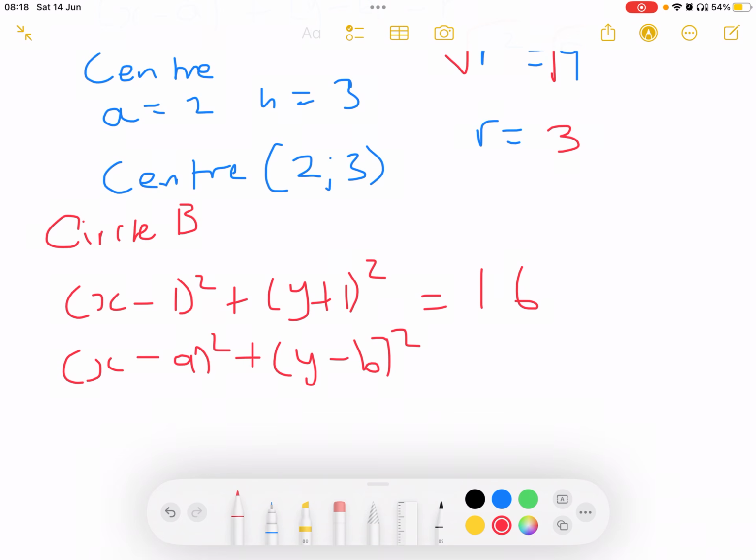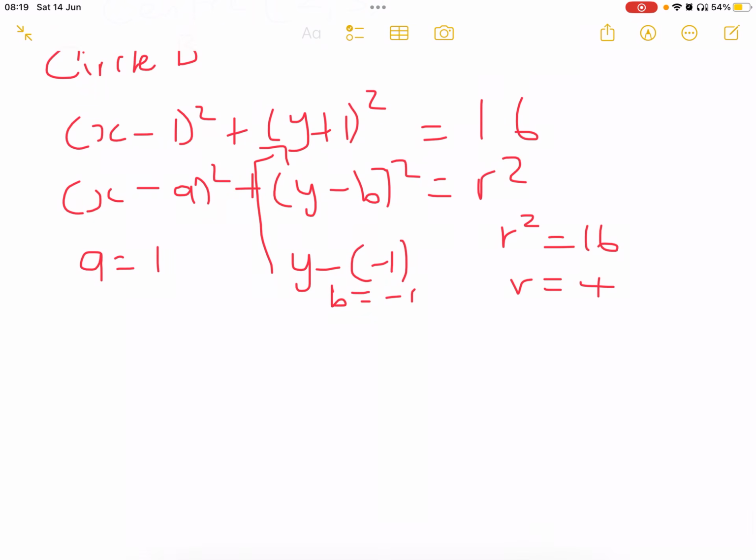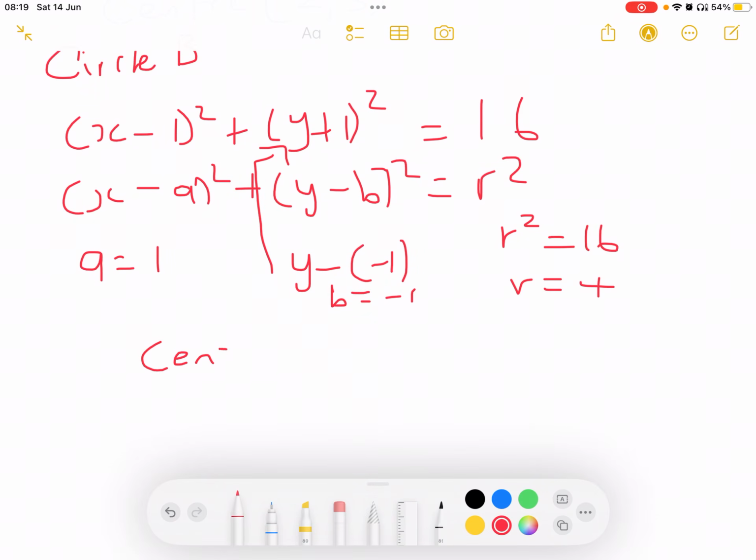In this instance, a will be equal to 1, but here we need to say y minus negative 1 in order to get y plus. So therefore, our b value here is equal to negative 1. Then our r squared being 16 means that r is equal to 4 after applying the square root. This means that we have a center that is (1, −1) and a radius that is 4.